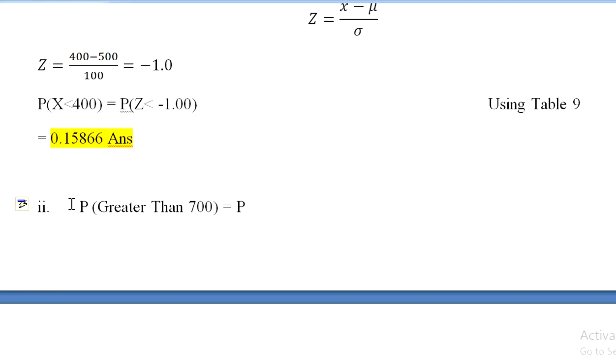So mathematically you can write it as x is greater than 700. Now we want to find this probability.